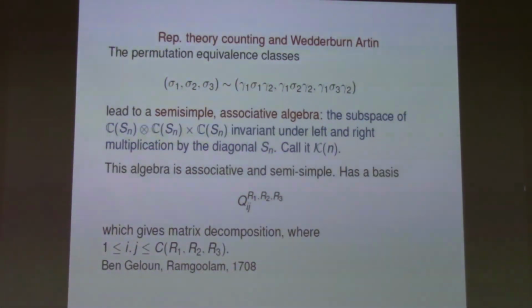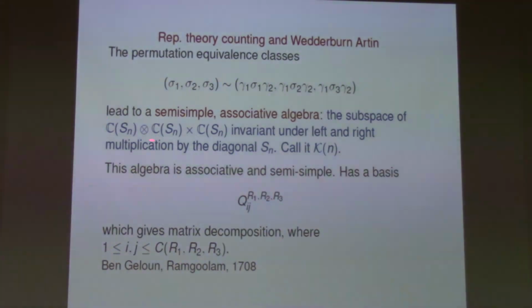So the sum of squares is very interesting. It is related to the structure of algebras. You have triples of permutations, with this equivalence by left and right multiplication. You can go to this vector space, a tensor product of vector spaces, where I take sigma 1 tensor sigma 3, tensor sigma 1, tensor sigma 2, tensor sigma 3, and allow linear combinations.